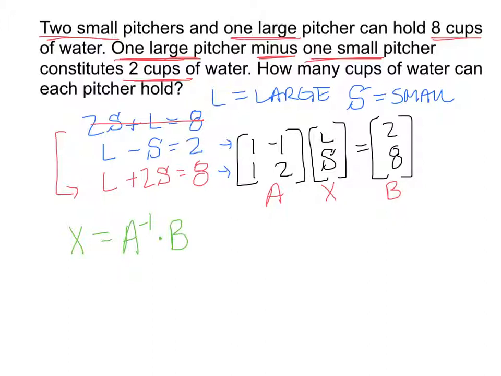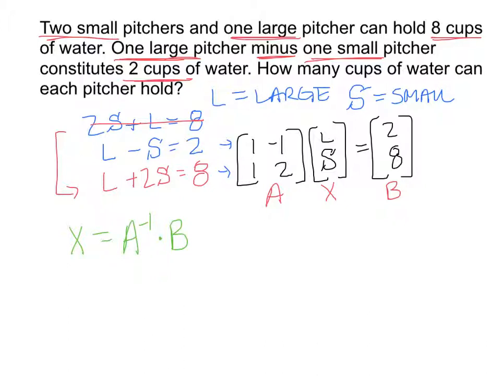So this is where I told you we're going to use technology. I actually could find the inverse of this and do it like I did the other problems by hand. However, we have stuff that'll do it for us. Let's utilize that. So whether you're using an online calculator or a handheld graphing calculator, the first thing you need to do is find the inverse of A and then multiply it by B. Depending on the calculator you're using, some of them would do this all in one fell swoop for you.